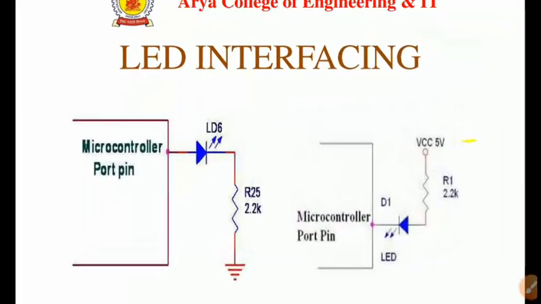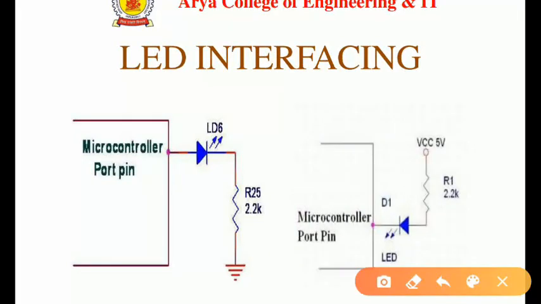Now LED interfacing. There are two types of LED interfacing. If we want to glow the LED from the microcontroller, then the positive terminal is connected to the microcontroller and the negative terminal to ground. And if we want to glow it from VCC, then the positive terminal is connected to VCC and the negative terminal is connected to the microcontroller pin.